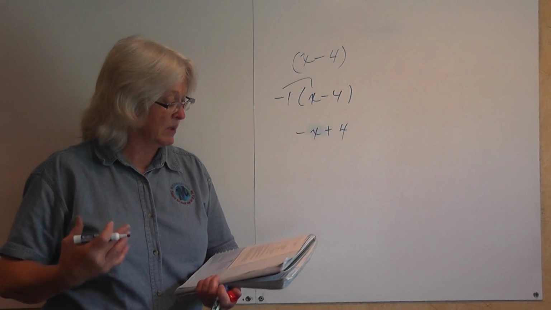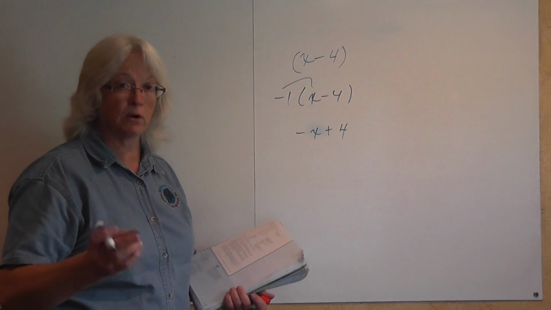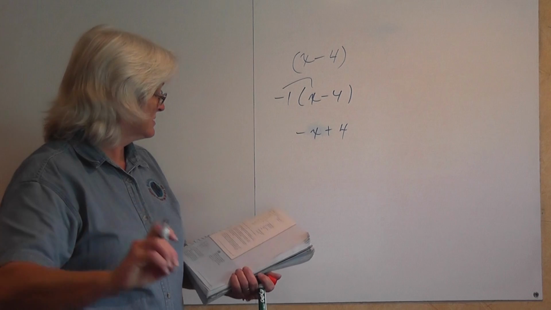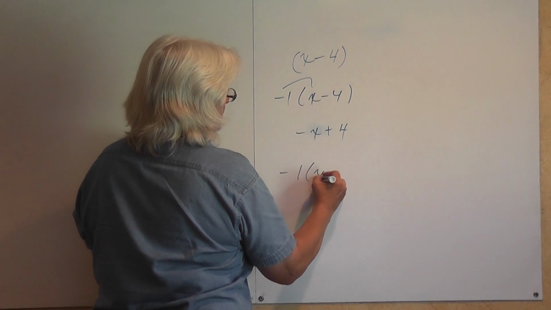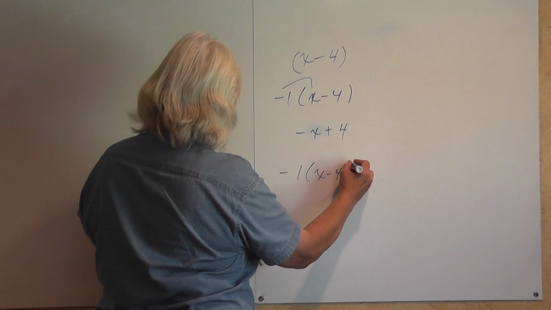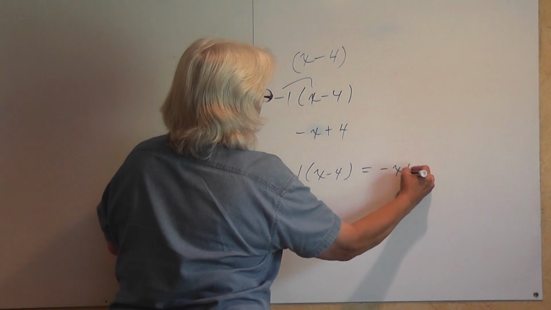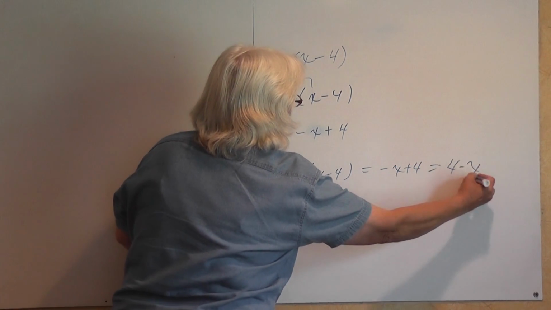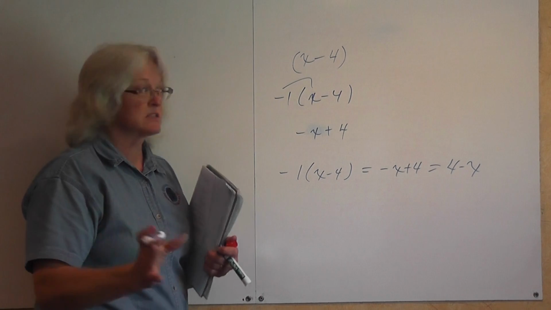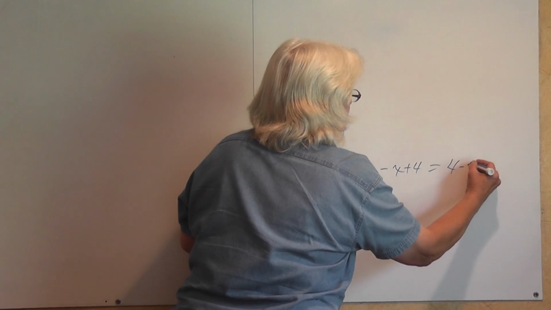So we end up with the expression negative x plus 4. So they want to show us that negative 1 times the quantity x minus 4 is equal to negative x plus 4, which can also be written as 4 minus x. And this is the relationship that we're working towards seeing here.